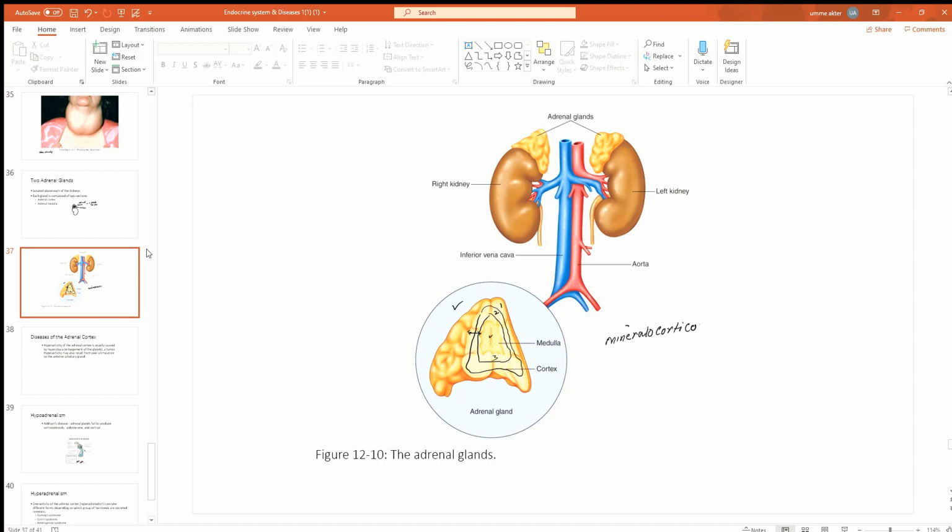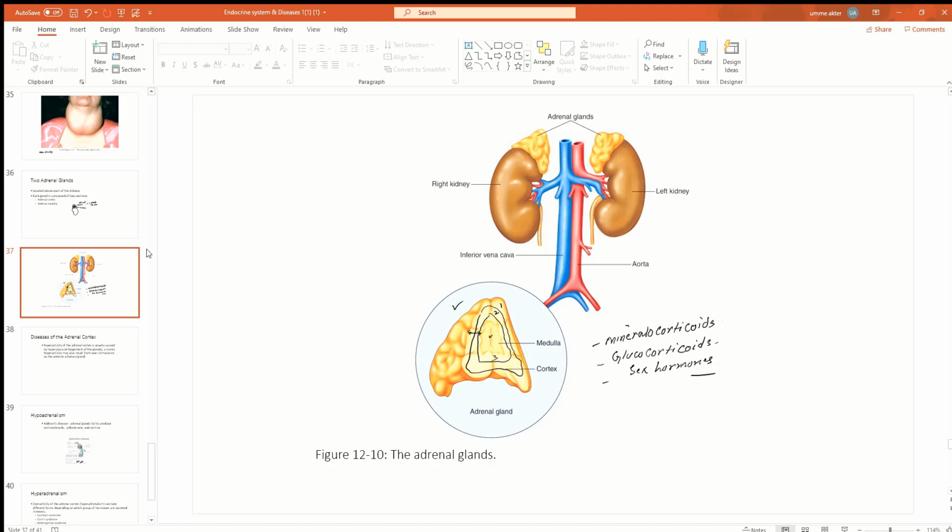Mineralocorticoids, glucocorticoids, and sex hormones. Okay, so 3 layers produce 3 types of hormones.